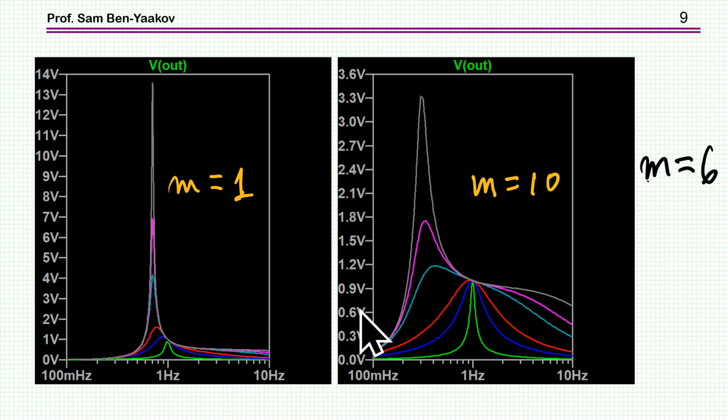Now, we know that a high Q is causing high losses because a lot of reactive energy is circulating in the circuit. So from the loss point of view, this is not very good. This is also not very good due to the large span of frequencies that you need. Experience has shown that m equal to 6 is kind of a good number.